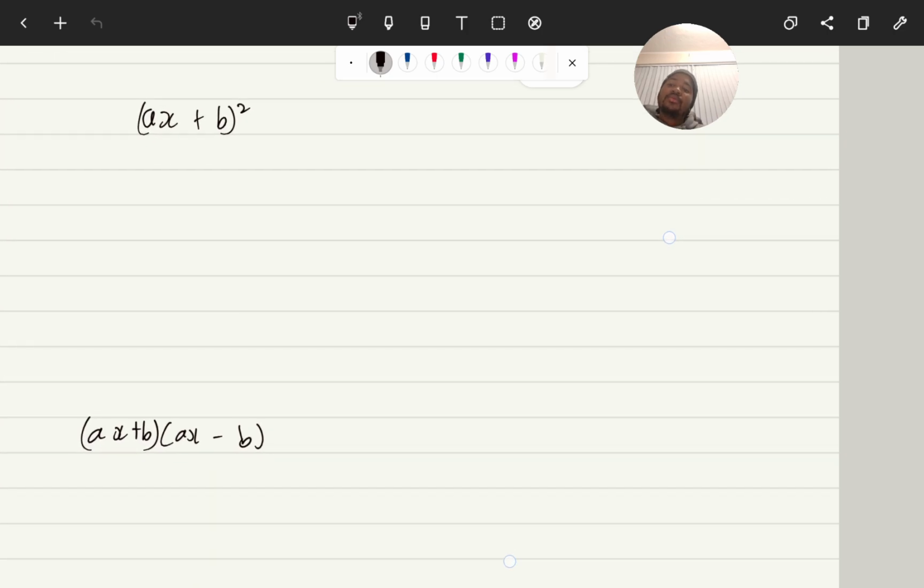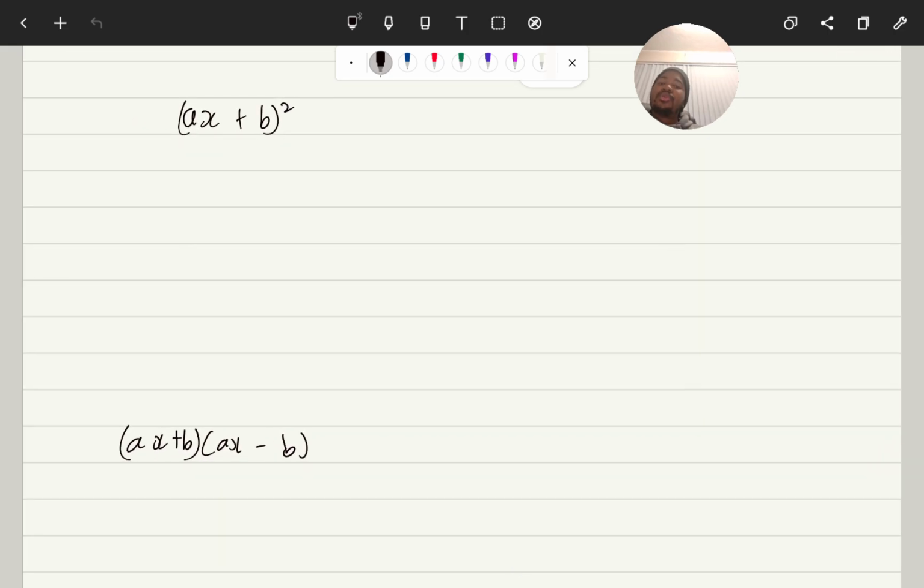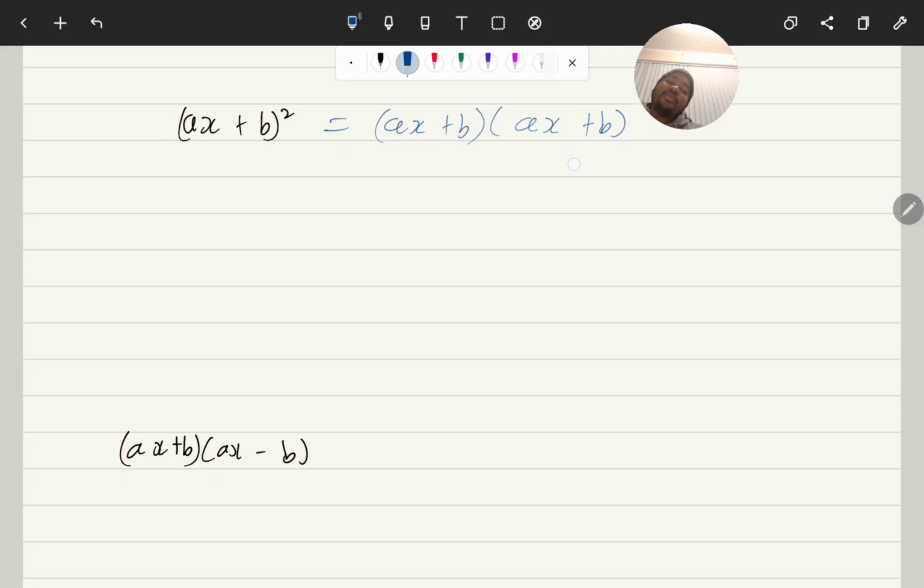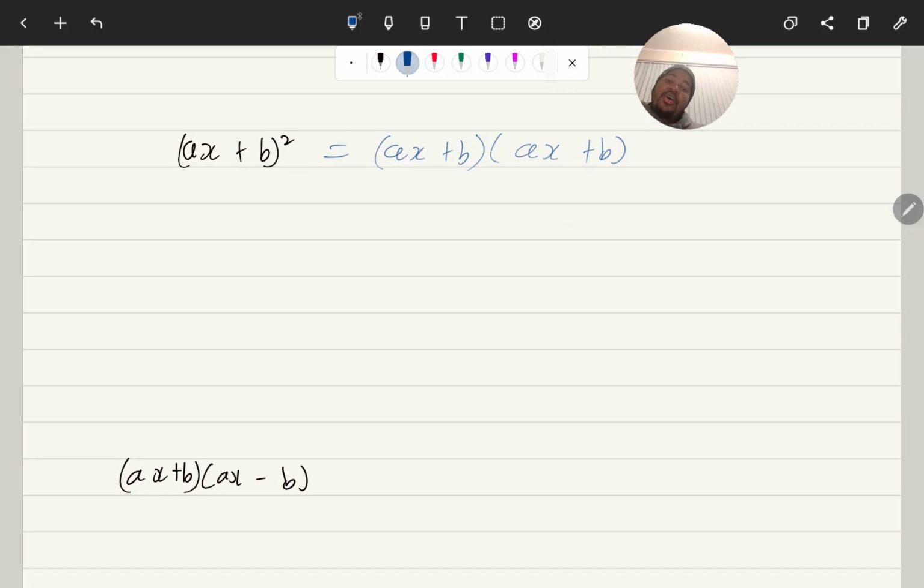How about this one? Of course, you see that it can be written as (ax plus b) times another (ax plus b), so now we have two binomials.